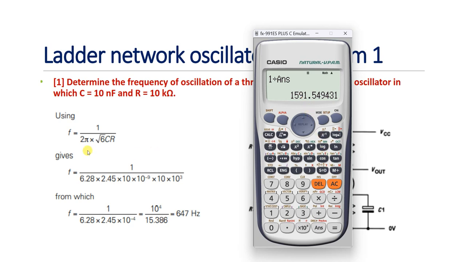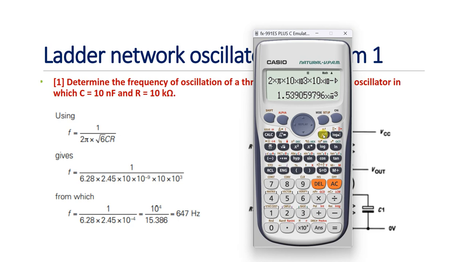No, I forgot to do root 6. That's why I'm getting the wrong answer. So again, this answer divided by root 6. This 649 is actually what it comes to. Or if you want to do it continuously: 2 pi, R value 10 power 3, into 10 nano, into root 6 is equal to; this is the denominator, and you can click x inverse or 1 divided by answer.